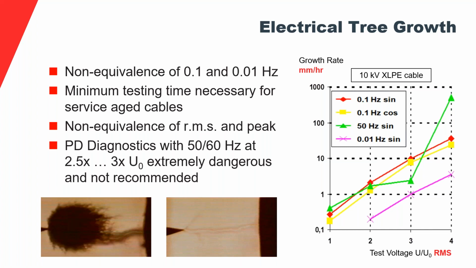If you only grow the trees as fast as AC power frequency, then you could forget about the test because you just let it sit at operating voltage, right? So you have to have a time advantage. So you have a much faster growth rate under VLF stress at higher voltages than compared to 60 Hertz operating voltage. So that makes the test viable.